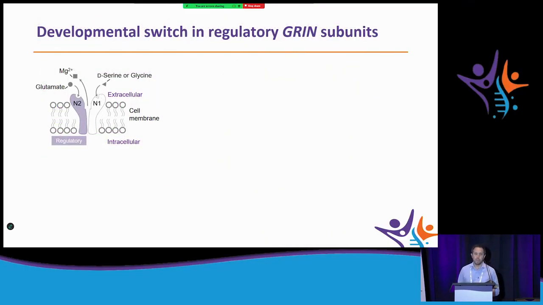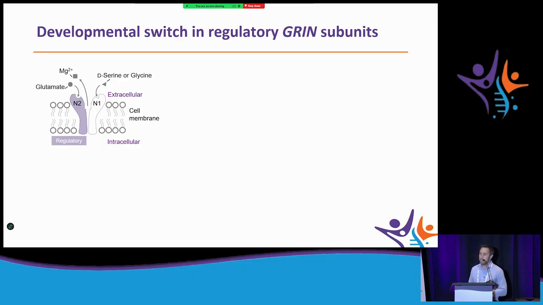GRIN2B encodes one of the regulatory NMDA receptor subunits, the glutamate binding subunit, and it assembles with the obligatory GLUN1 subunit, which binds coagonists, in particular D-serine or glycine.